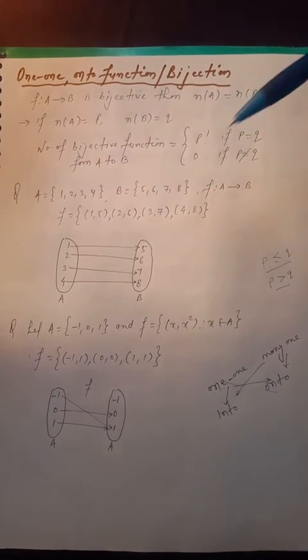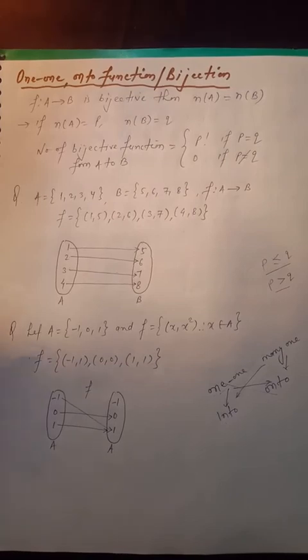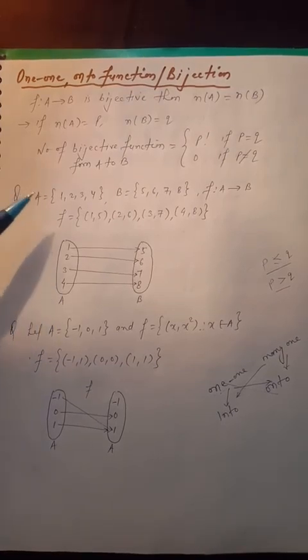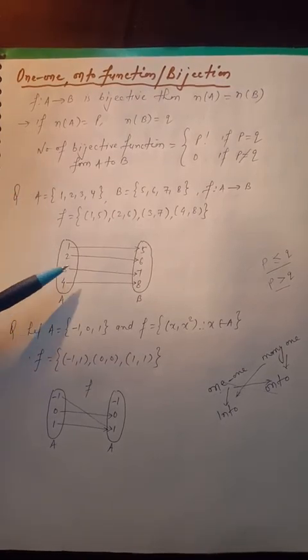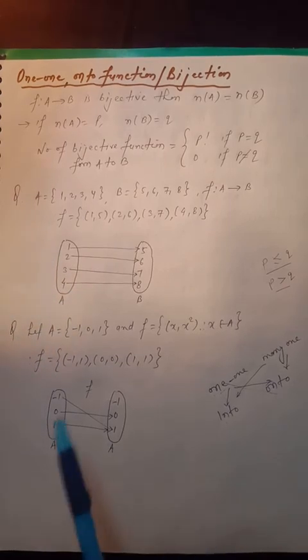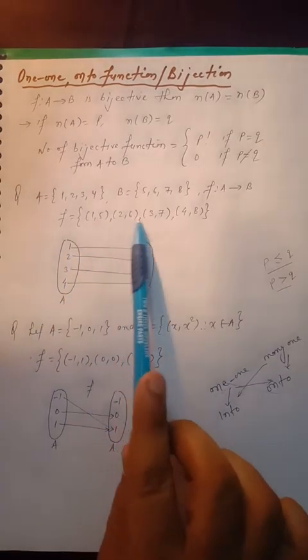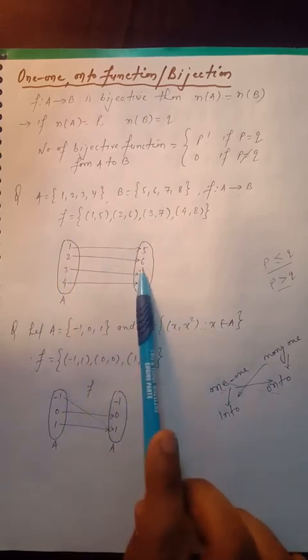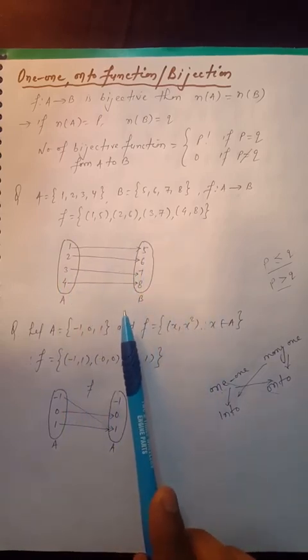So when we draw it in the form of a block diagram, we will get 1, 2, 3, 4 and this is 5, 6, 7, 8. So 1 is related to 5, 2 is related to 6, 3 is related to 7 and 4 is related to 8.